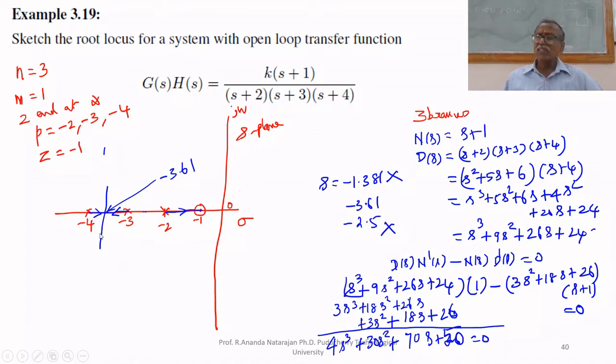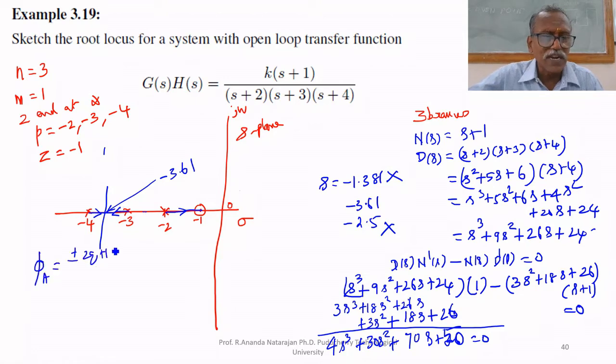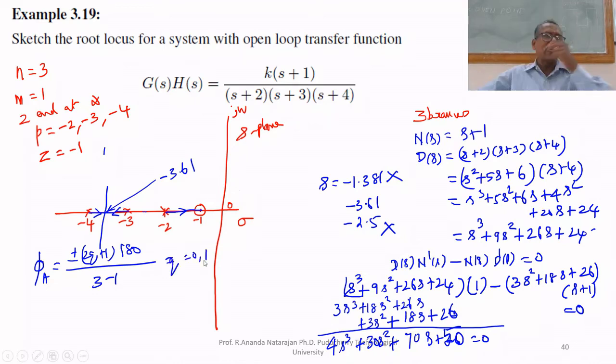What is the angle of asymptote? How many asymptotes will be there? N minus m asymptotes will be there. Out of three root locus branches, one ends at the zero. The remaining two go to infinity, which means only two asymptotes. What are the angles? The formula is phi A equals plus or minus (2q plus 1) multiplied by 180 divided by (3 minus 1), where q equals 0, 1, only two values.